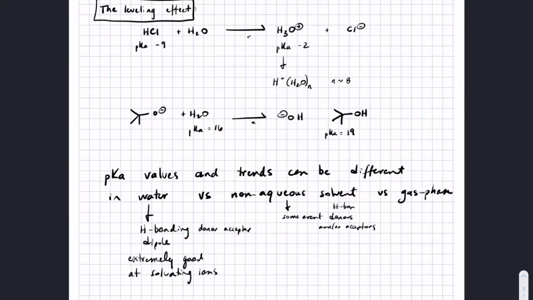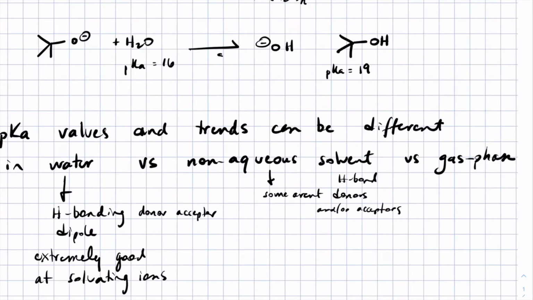And then some of them don't have large dipoles. And what this means is that non-aqueous solvents are less good at stabilizing ions. And in general, acid-base chemistry involves ion formation.